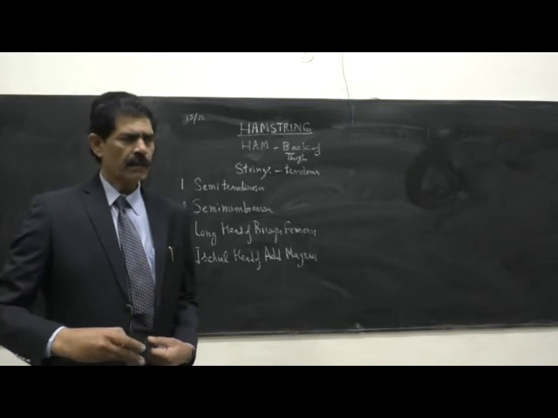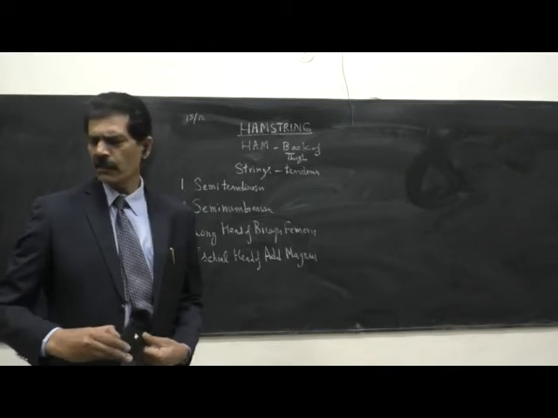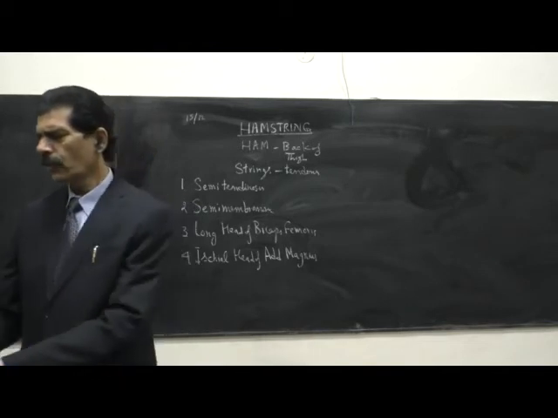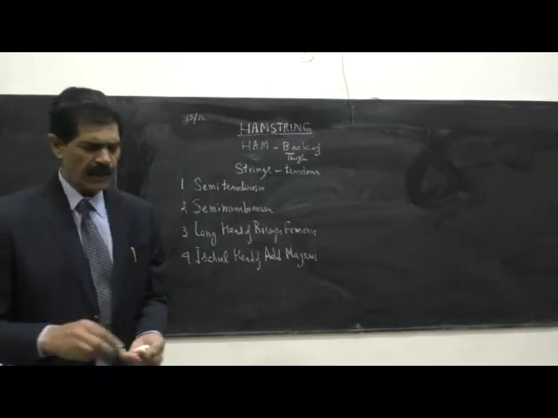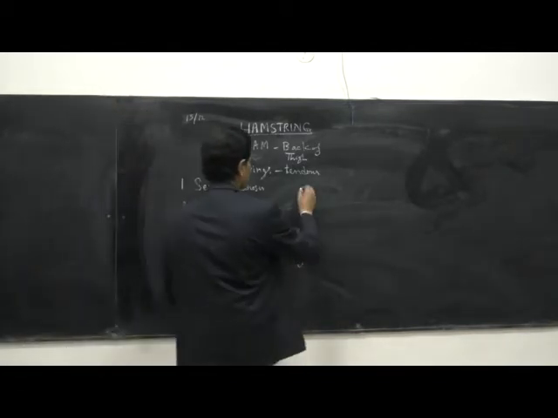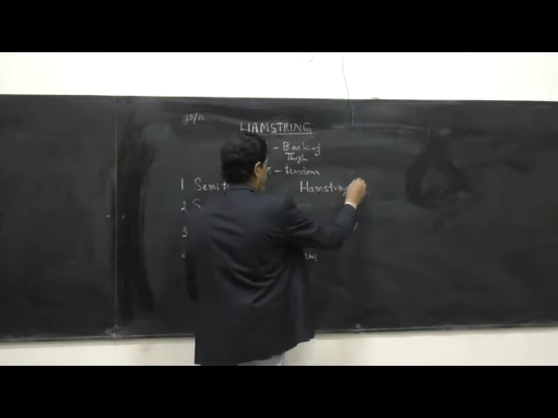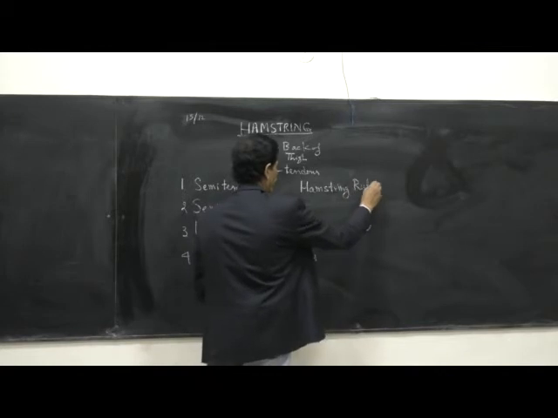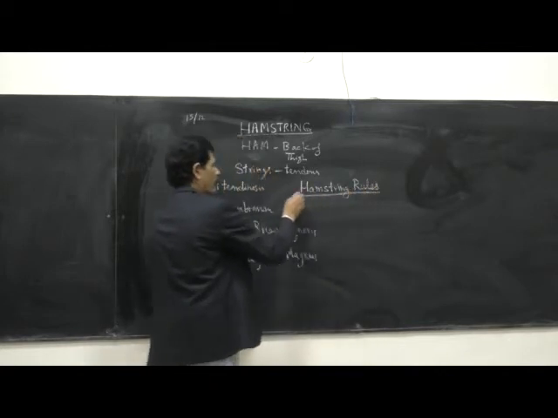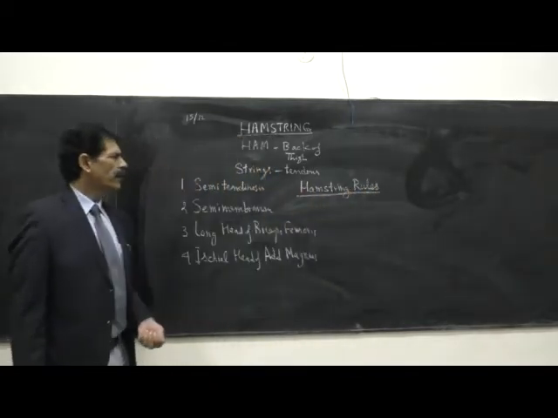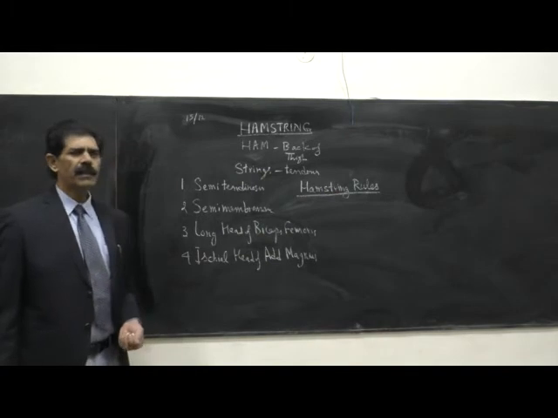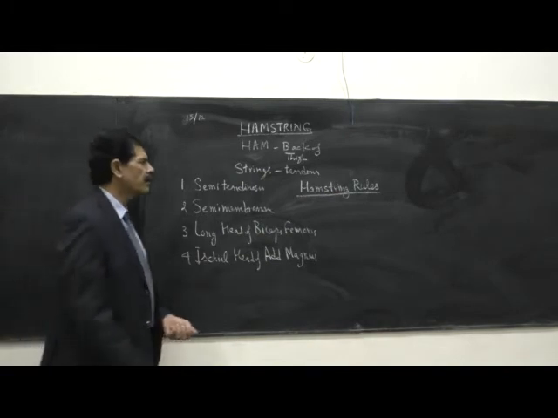Another thing about the hamstring muscles is that these 4 hamstring muscles follow the hamstring rules. So there are 4 hamstring muscles and there are 4 rules of the hamstring.